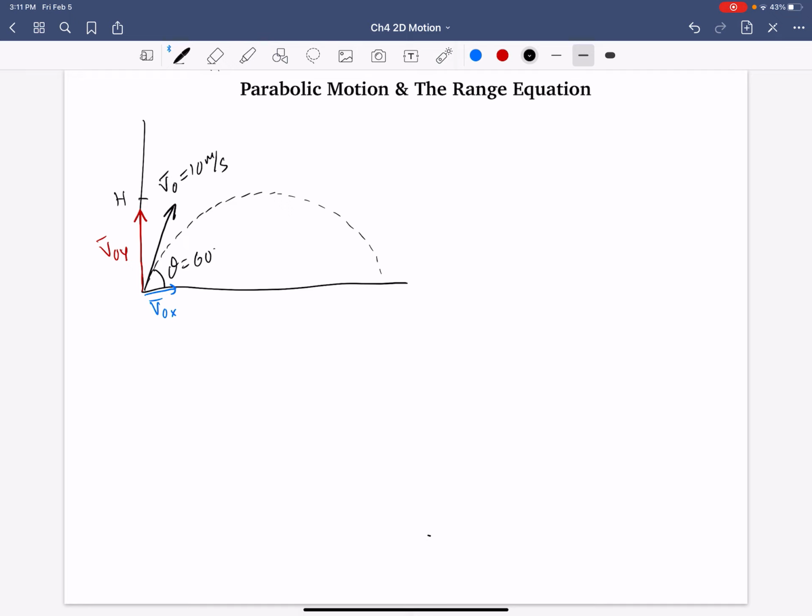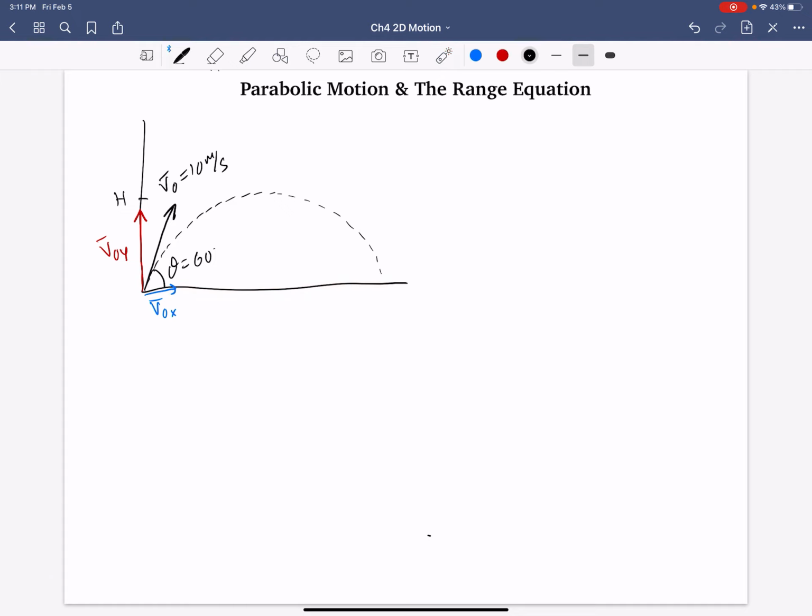And the rate that this v naught y vector will change is little g, minus 9.81 meters per second squared. There is no force horizontally, and so v naught x will not change. That will stay constant the entire way through.